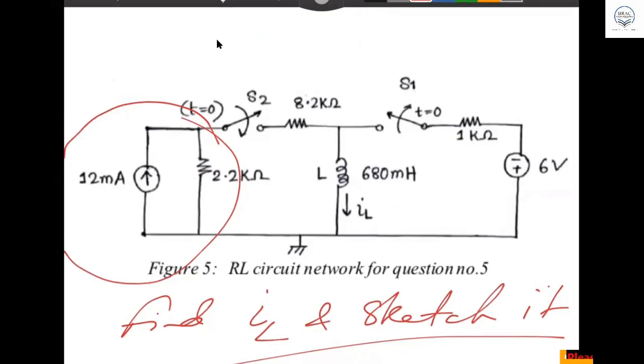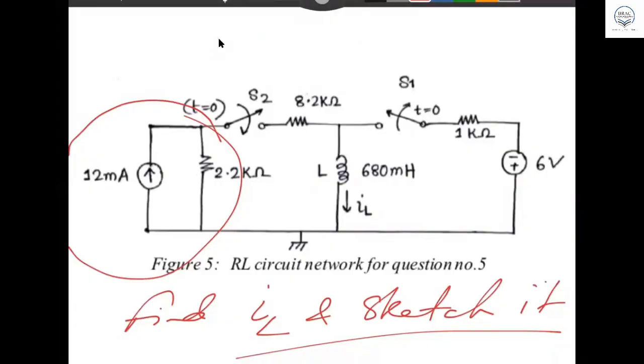Okay, time's up. Could any one of you find it? Yes, Nathan, you're done? I found IL, sir. Okay, send it to me by chat box.